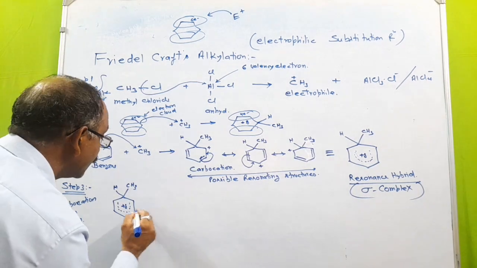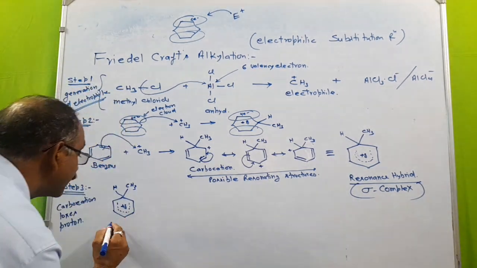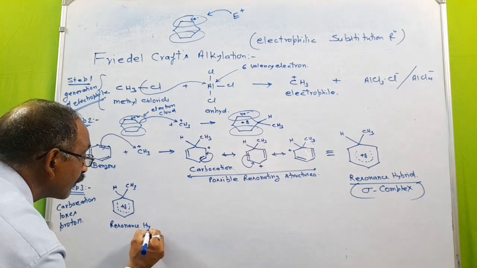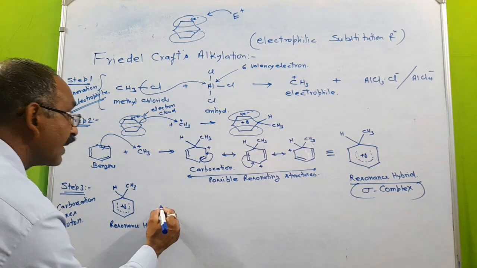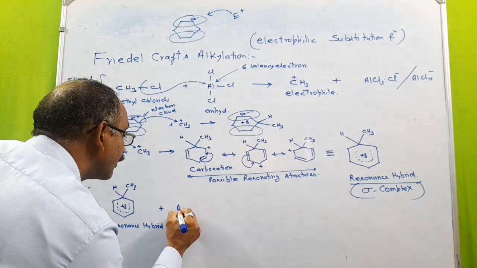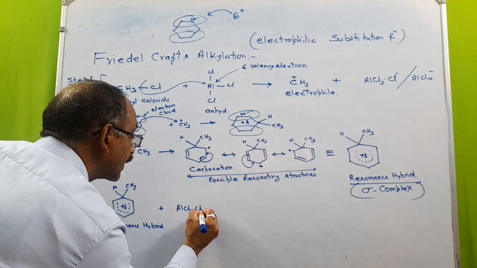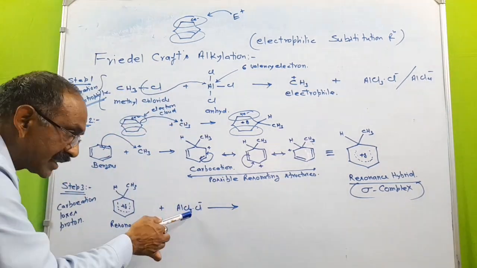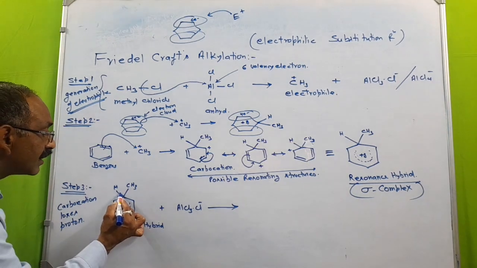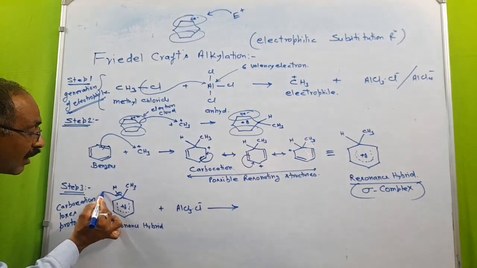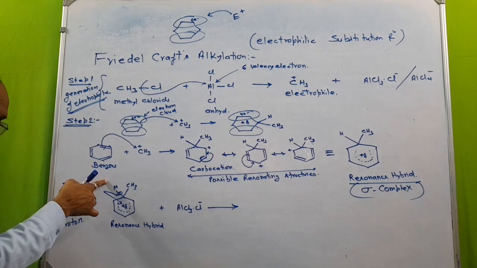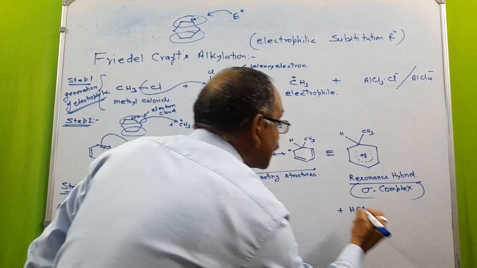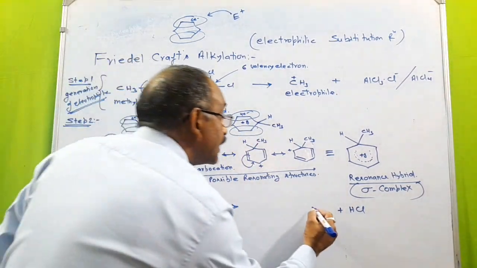This carbocation or resonance hybrid reacts with AlCl3.Cl minus or AlCl4 minus, and now this AlCl4 minus removes the hydrogen as a proton. Now the H plus sets free from here, combines with the Cl minus, and comes out as HCl.